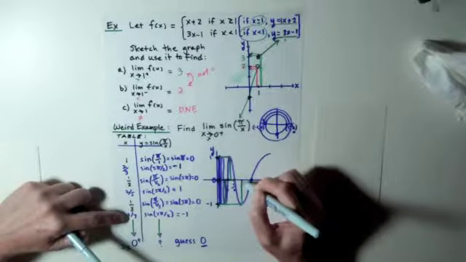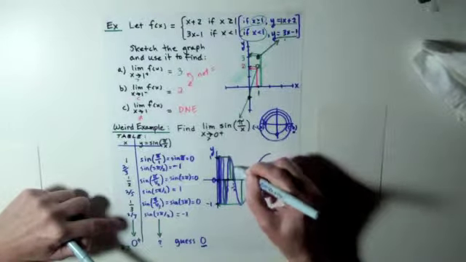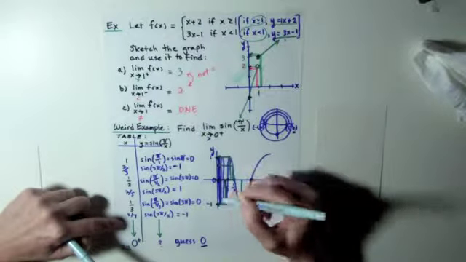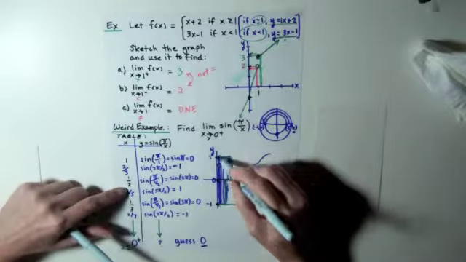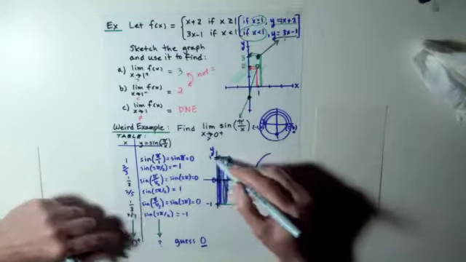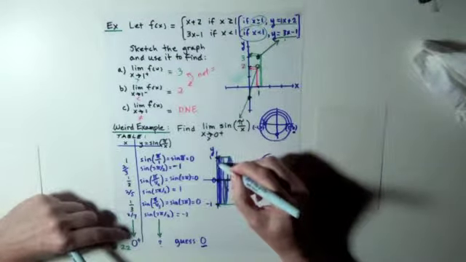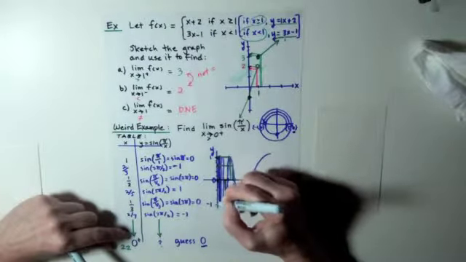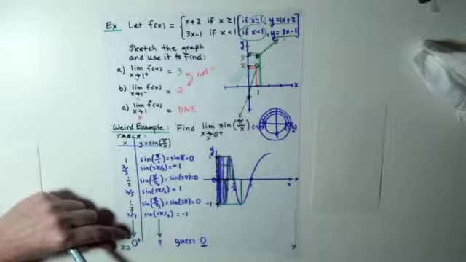And if I picked other values between the ones that I've chosen here, I would get these other values in between 1 and -1. So the output values, as x is getting closer and closer to 0 from the right, do not collect around one particular number on the y-axis. They actually hit every real number between 1 and -1, and they hit them ever more rapidly the closer my inputs get to 0 from the right.